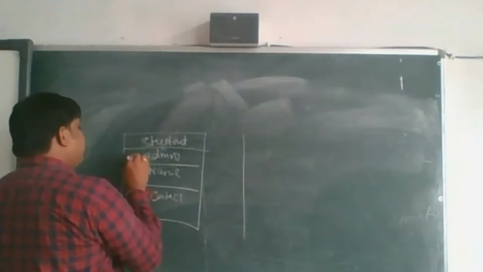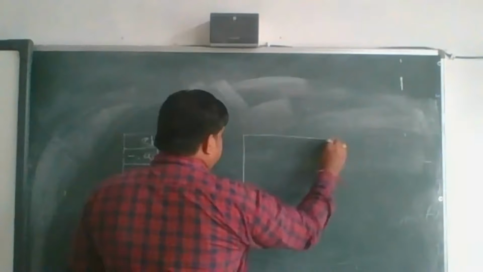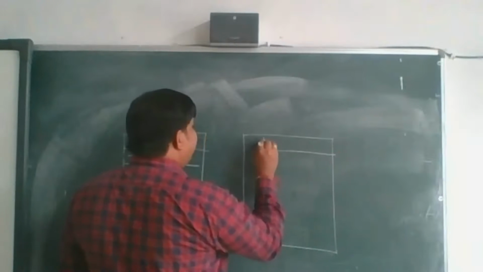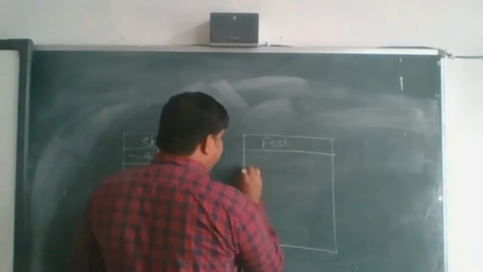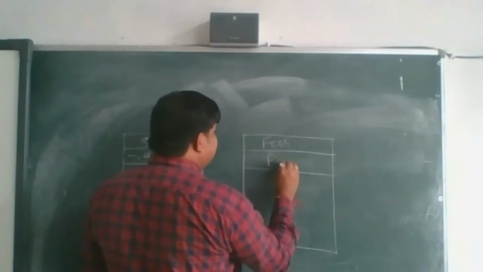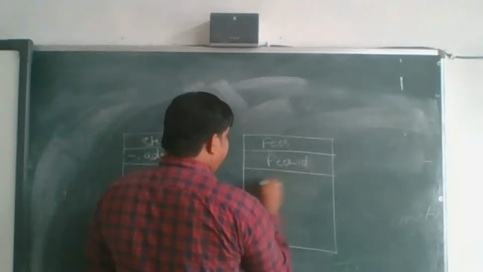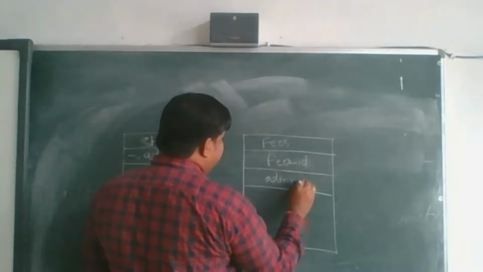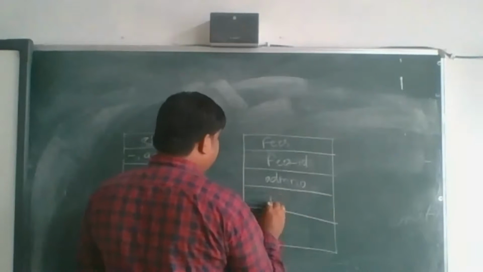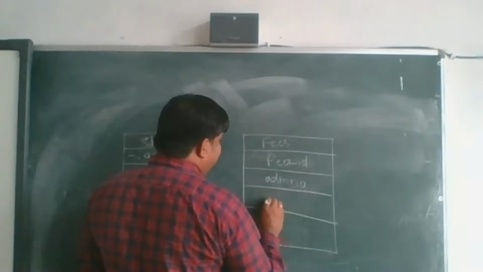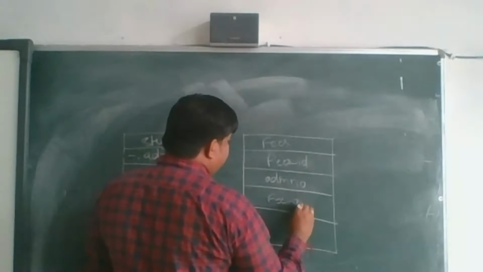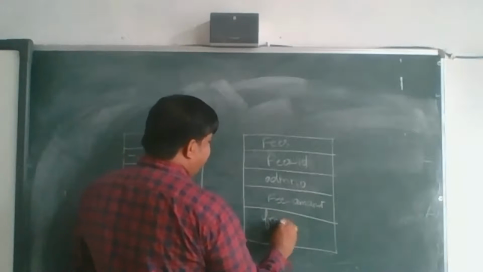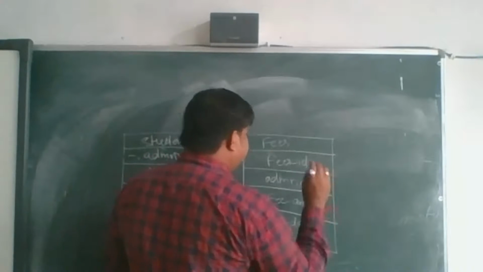Now this one is a fees table. In that also we have a fees ID, a student name, an admission number, we want to hold the fee amount, and we want to store the fee date, which day you have submitted.